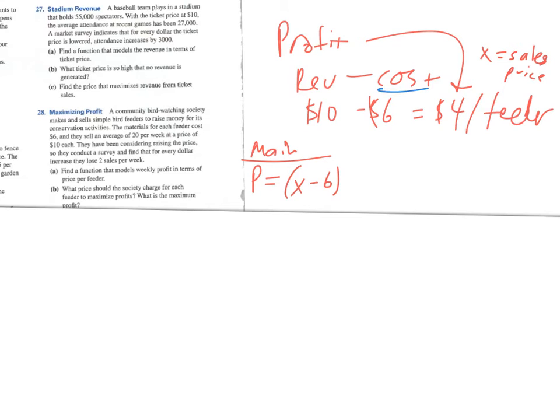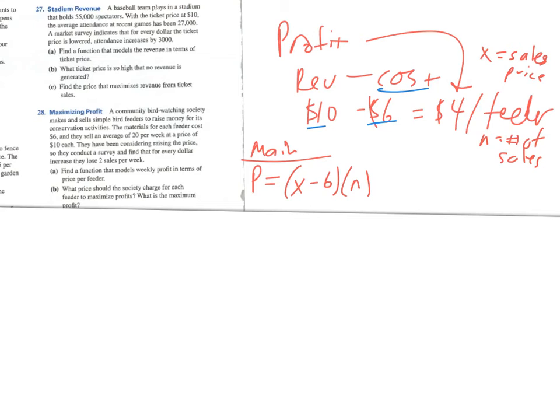But whatever it is, I'm going to subtract 6 because that cost is going to stay consistent. So you can see this is what I did right here. Right now, though, the sales price is 10, but that can change. And then I'm going to multiply that by n, and I'm going to let n equal number of sales. Once again, we know what that is right now. It's 20 per week, but that is going to change as we go along here.